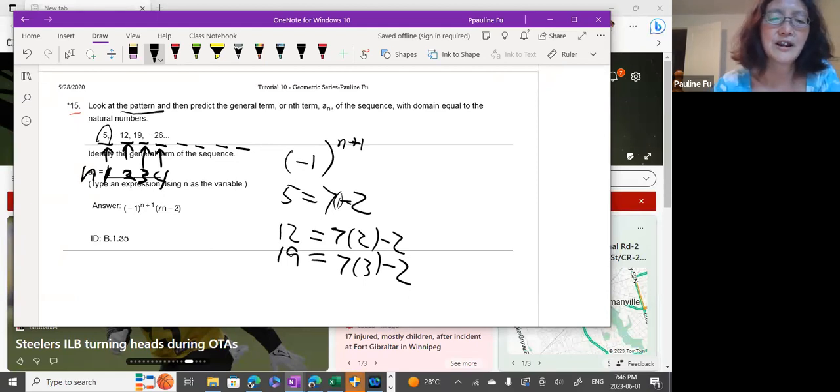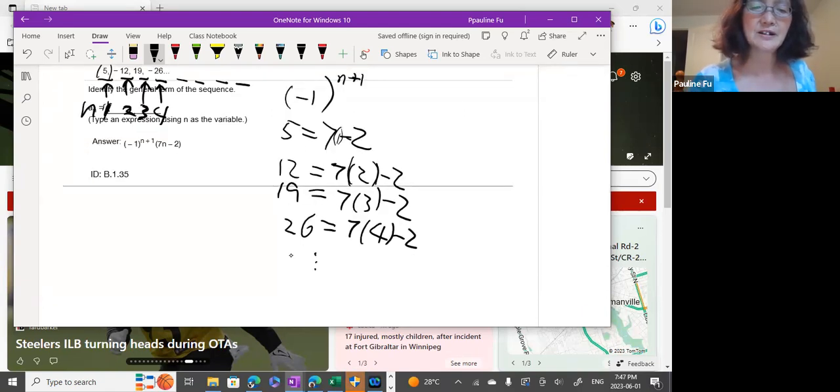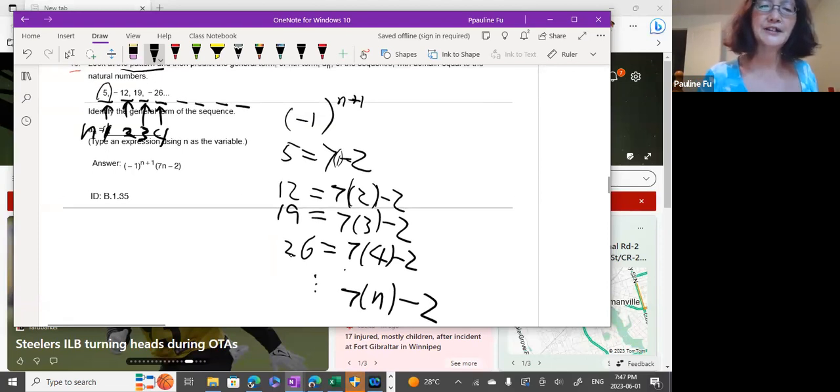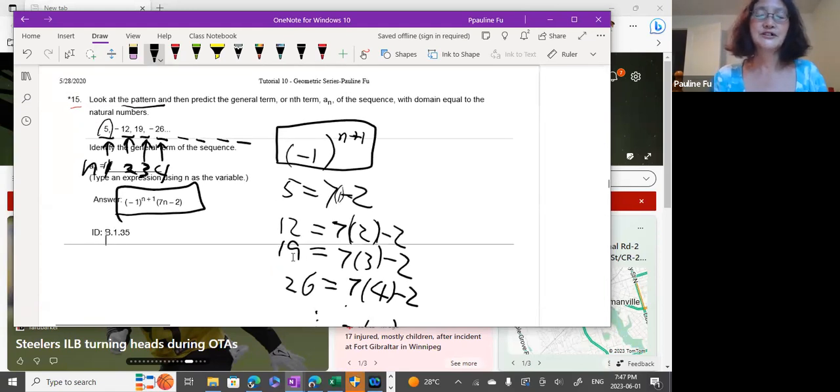And how do you get 26? 26 is 7 times 4 minus 2. So this is another pattern we observed. The number inside the bracket indicates the n. So generally speaking, you have 7 times n minus 2. This is the general term. And the positive, negative is controlled by this one. So the final answer, you got this one here. That is the general term for the sequence.